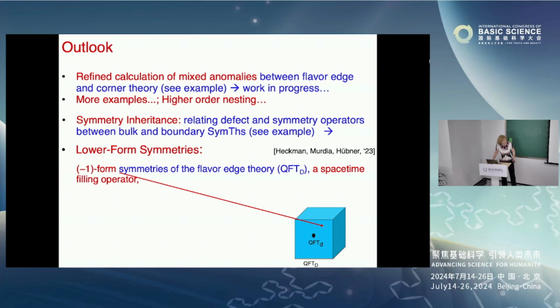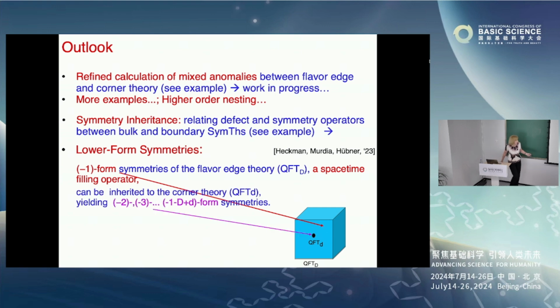So there is a one-form symmetry in this bigger quantum field theory, and now we zoom in on the defect in it, and it can be naturally viewed that this one-form symmetry, when constrained to the defect field theory, would naturally allow us to deal with even lower form symmetries, bounded depending on the dimension of the defect field theory.